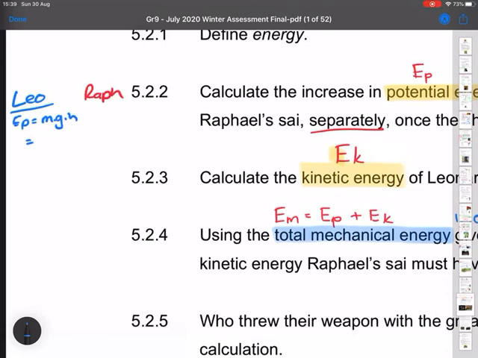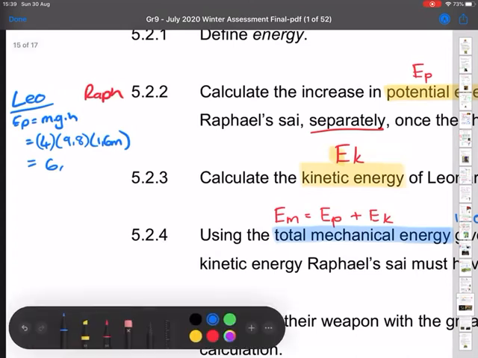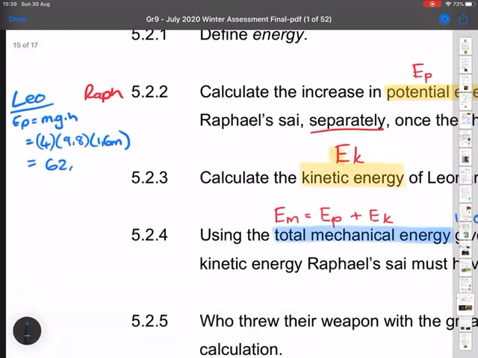The mass of his weapon is 4 kilograms. Gravity on Earth is 9.8 meters per second squared. Chest height is 1.6 meters. So he lifted it up to a height of 1.6 meters. Because he's lifting it up above the ground, it's gaining potential energy. Multiply all those together and you get 62.72 joules.